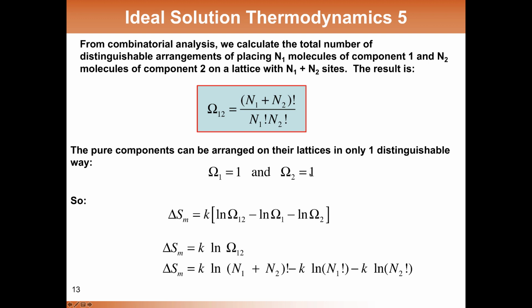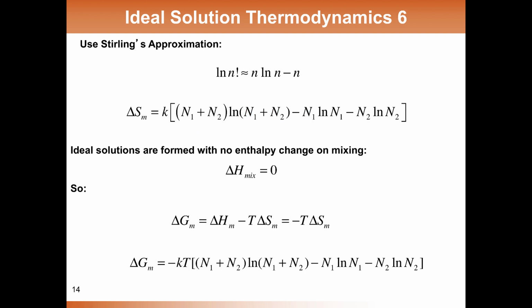Because omega 1 and omega 2 are 1, these log terms go to 0, and the delta S of mixing is just k log omega 1,2. We have the expression here for omega 1,2 that we can put in place of omega 1,2, and now write it in terms of the number of molecules of type 1 and type 2.